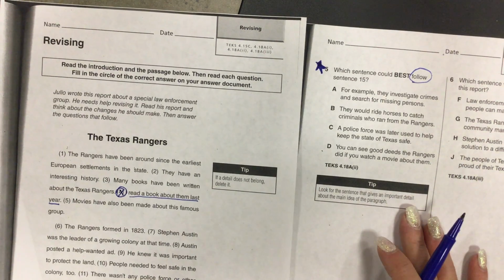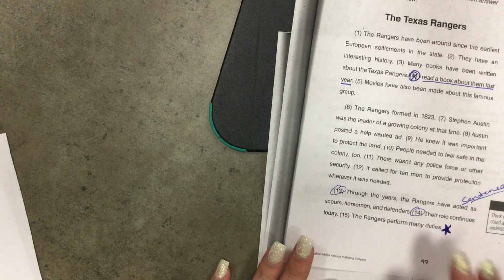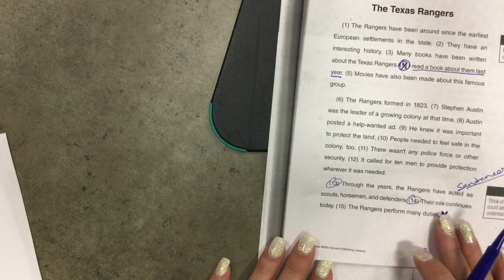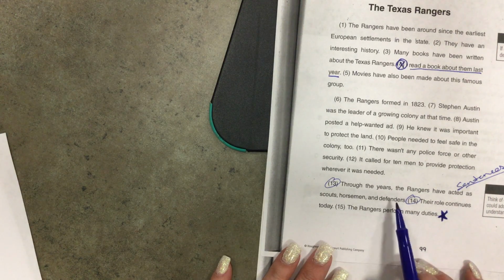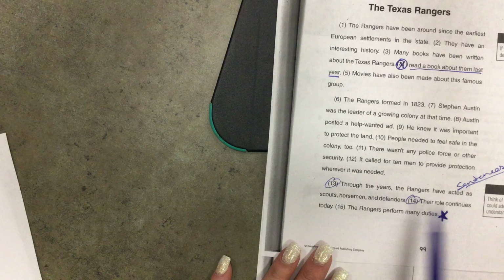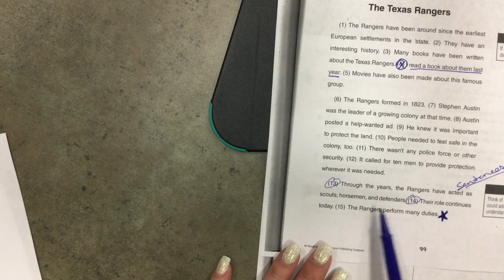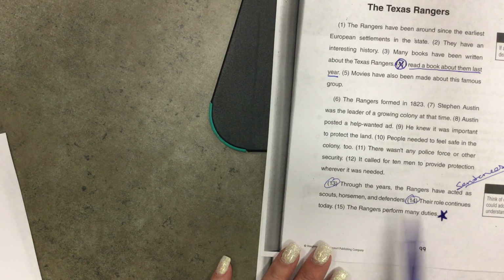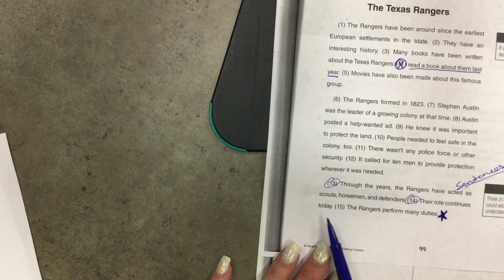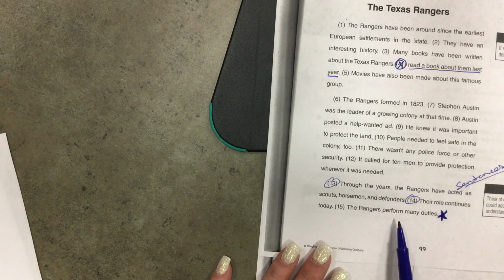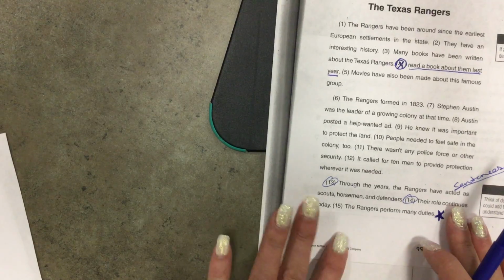So what I'm going to ask them to do is we want them to read before it and after, and of course that's the last sentence, so we know it's a conclusion. Through the years, the Rangers have acted as scouts, horsemen, and defenders. Their role continues today. The Rangers perform many duties.